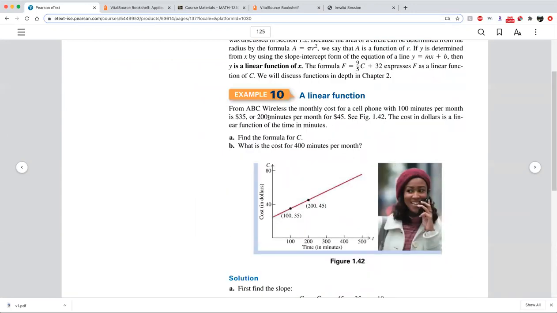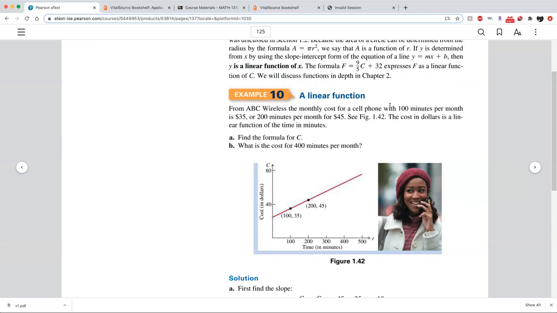From ABC Wireless, the monthly cost for a cell phone with 100 minutes per month is $35, or 200 minutes per month for $45. That's the figure of 1.42. So they made the ordered pairs from the information given: 100 minutes, $35, 200 minutes, $45.